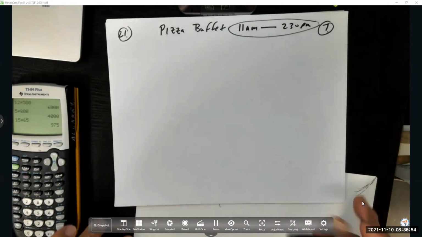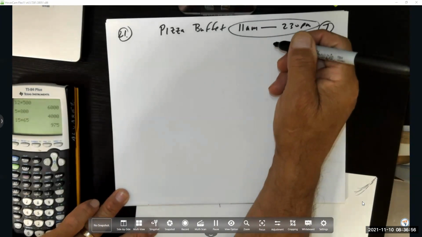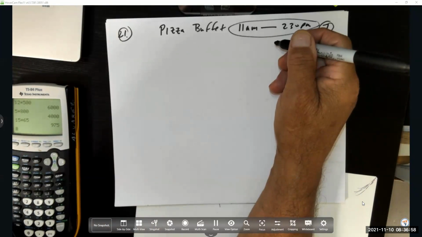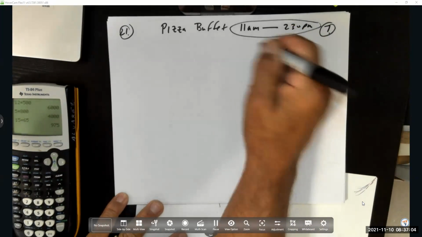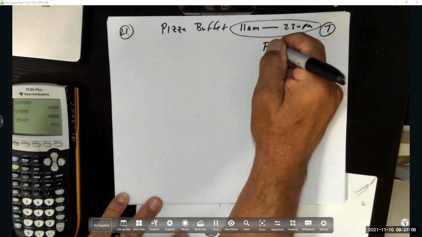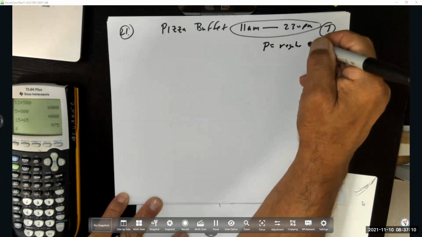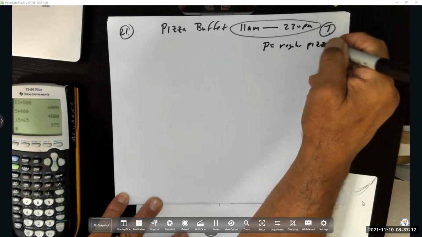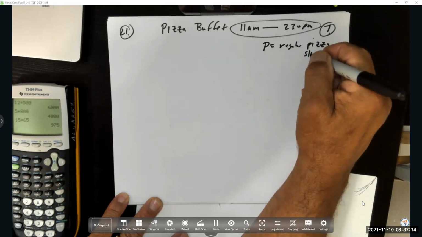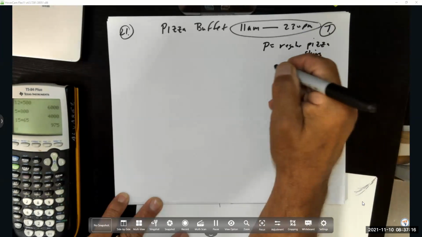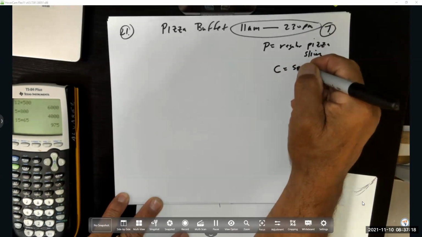Okay. So let's say you have this. There's two kinds of pizza there. There's regular pizza slices, and then there's stuffed crust pizza slices.